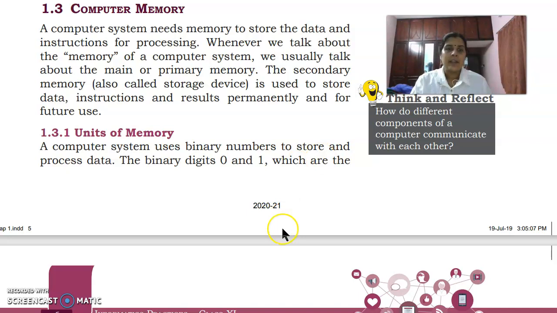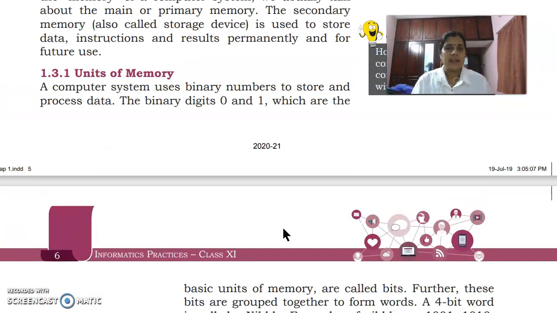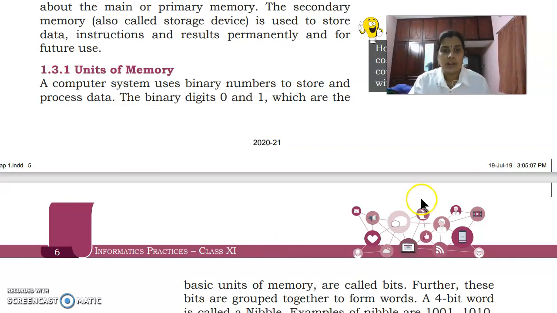There are many units of memory. In computer system, binary representation is used. Binary means 0 and 1. By using this 0 and 1, computer stores data. So regarding units of memory, we all know binary numbers 0 and 1 are used for storing.